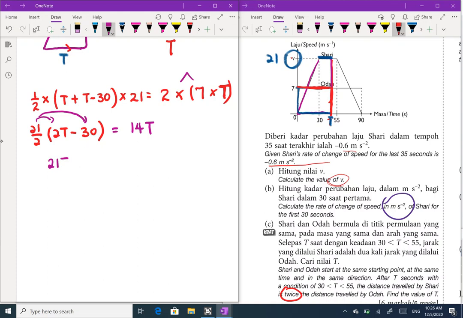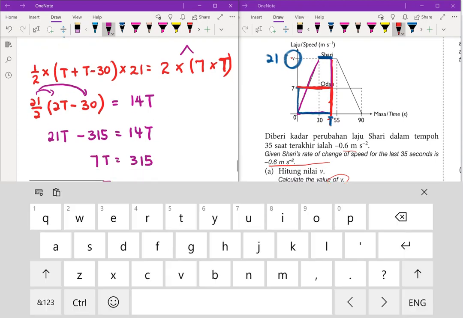Okay, 21/2 times 30, so you get negative 315 equal to 14T. So 21 minus 14, you get 7. So 315. T is equal to 315 divided by 7, you get 45.